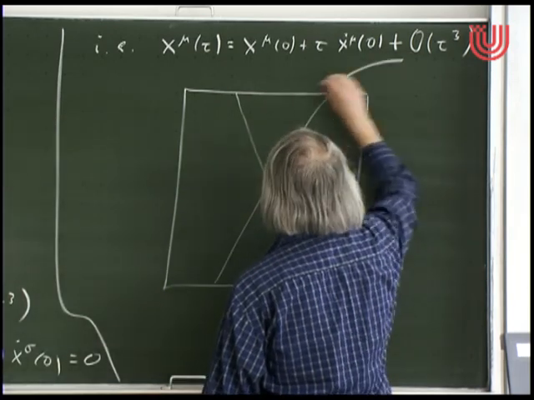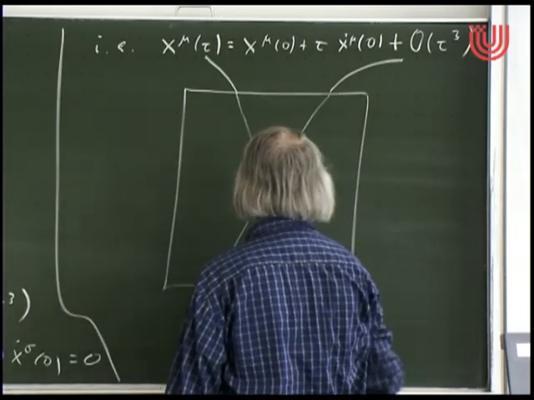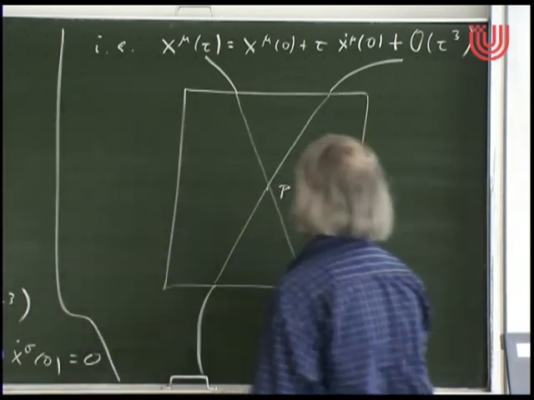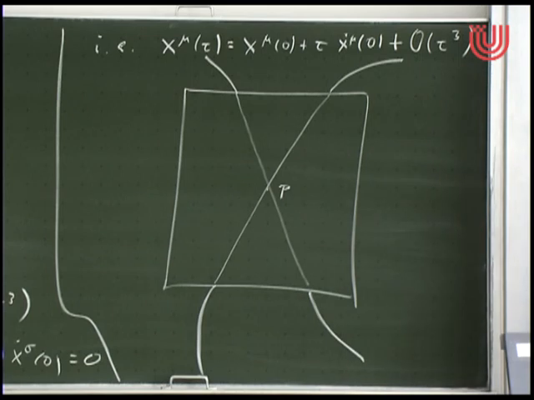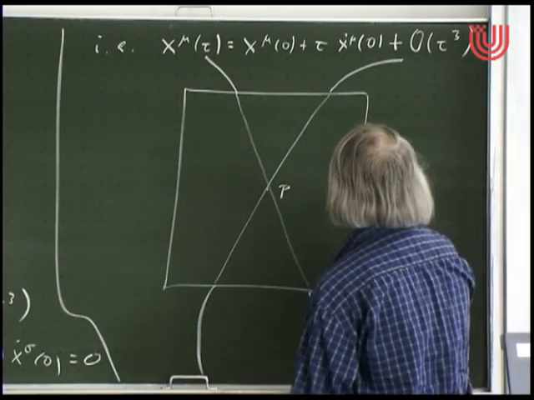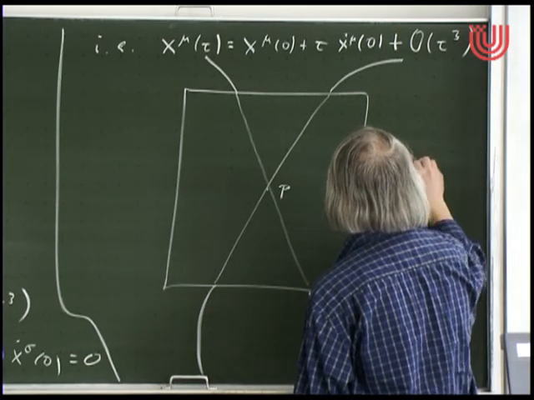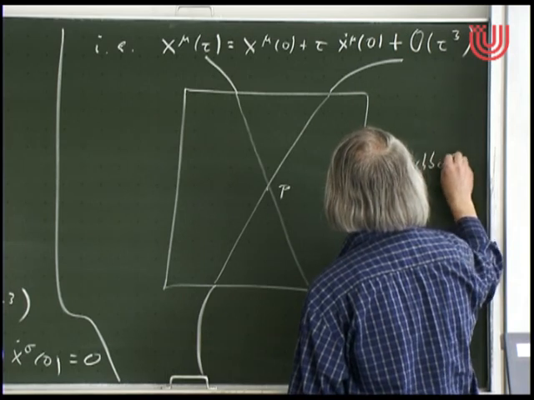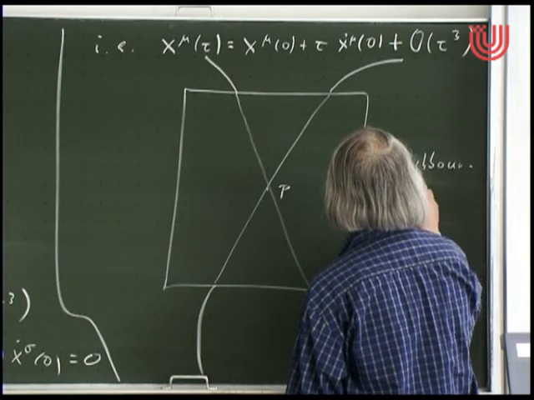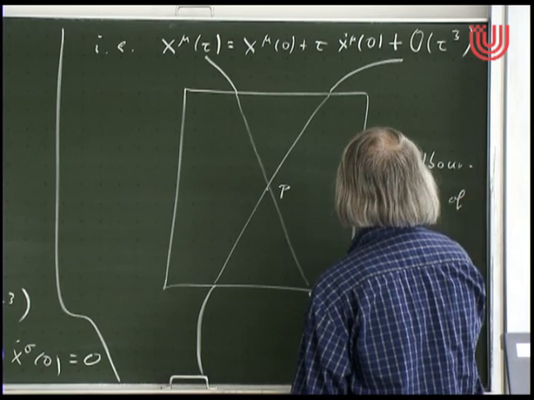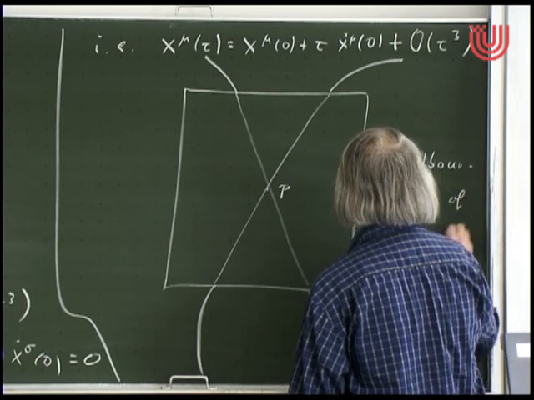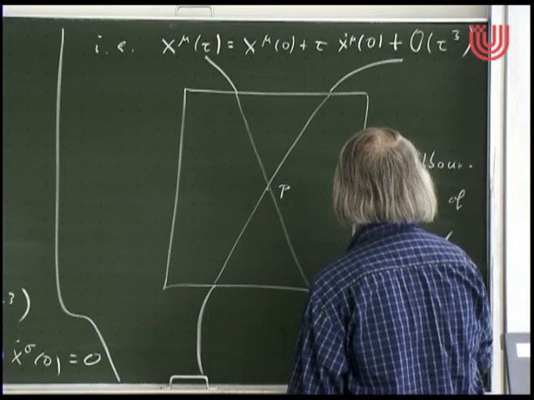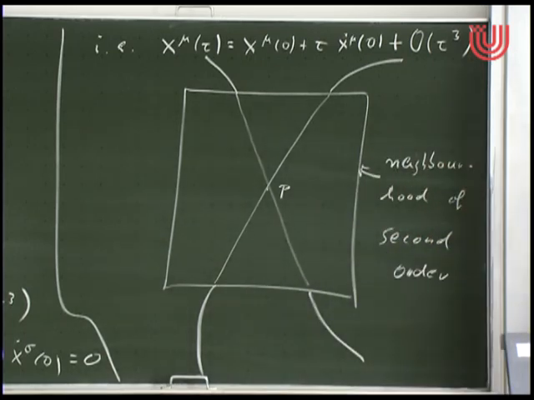And then away from it, you can feel the curvature. So this is a neighborhood of second order. Up to this order, we have straight lines.